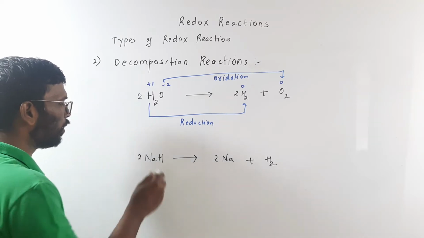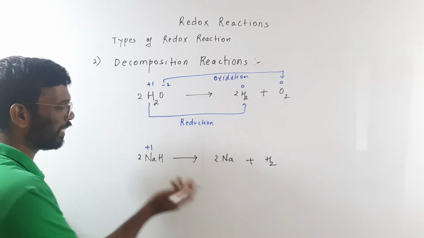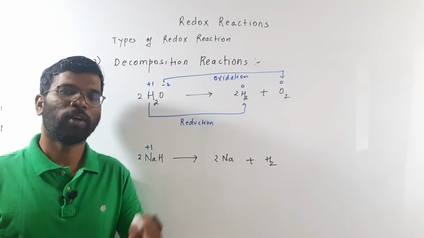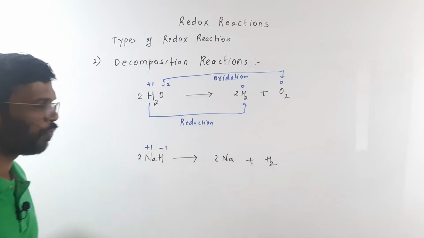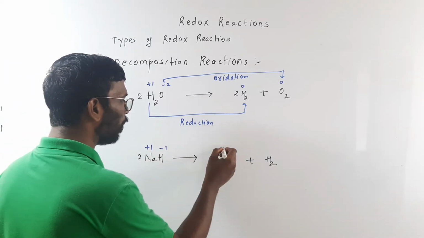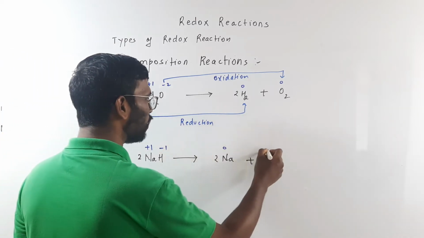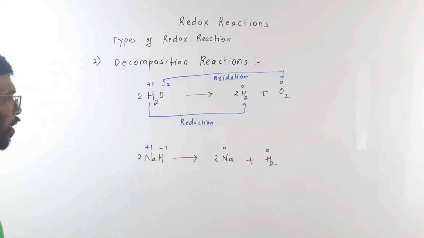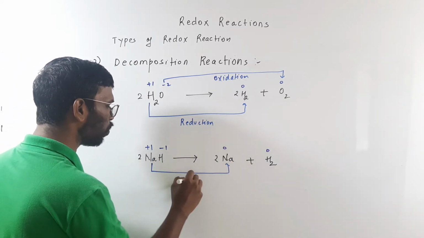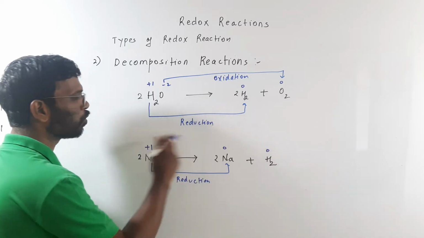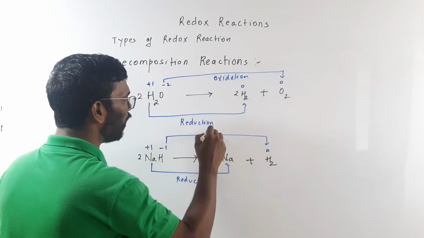As I said in the previous example, whenever hydrogen forms a hydride with a group 1 element, hydrogen will be -1. And here, sodium is changing to its elemental form, that is 0. And hydrogen is also changing to 0. So what has happened over here? It is a reduction of the sodium. We can say that from +1 to 0 is a reduction, a decrease in the oxidation number. Here it is -1 to 0, it is oxidation.